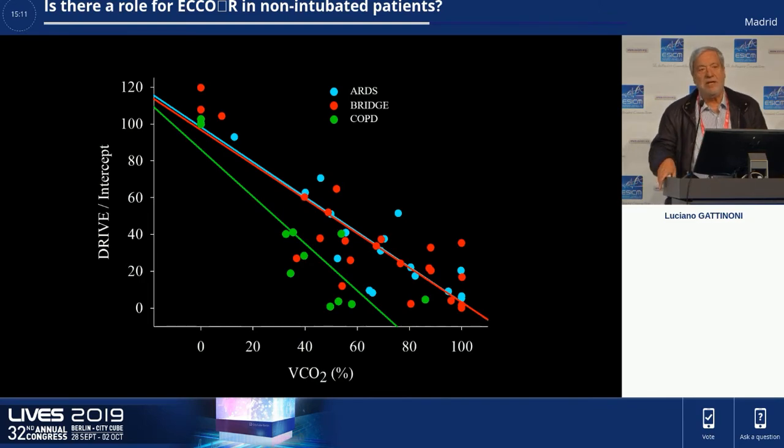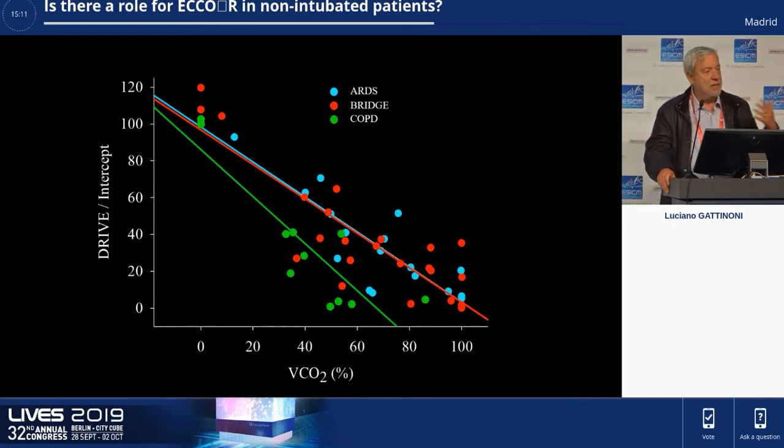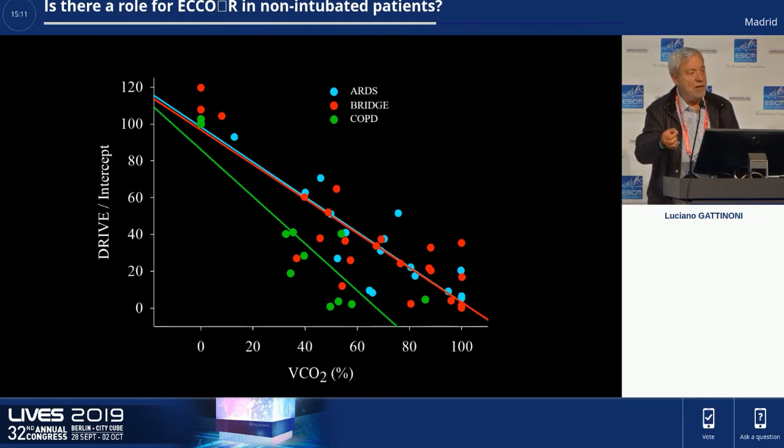One is the patients with cystic fibrosis waiting for lung transplant. They have a tremendous drive, but in these patients, when we removed the CO2, they behaved as the normal sheep. They reduce the frequency, they start to sleep because they stop with this tremendous drive.